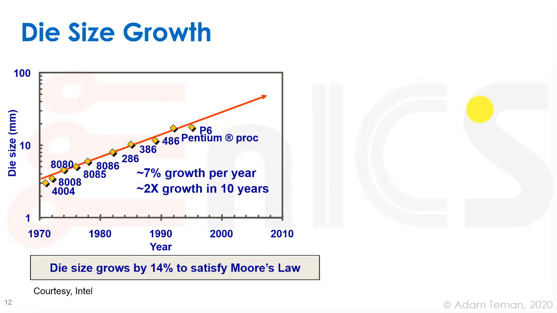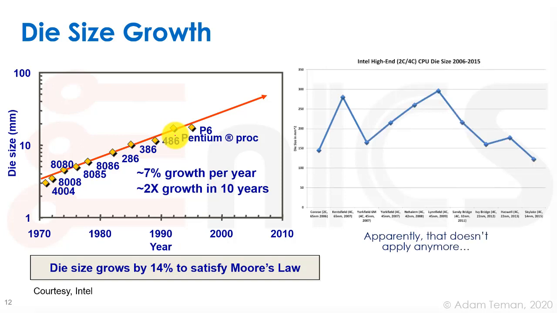One of the things that happened was that to maintain Moore's law, the die size had to grow. From the 70s until the early 2000s, the die size of the Intel processors used to grow by about 14%. But in recent years, that doesn't really apply anymore.